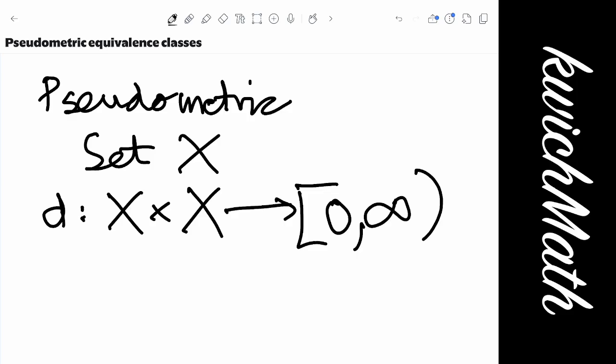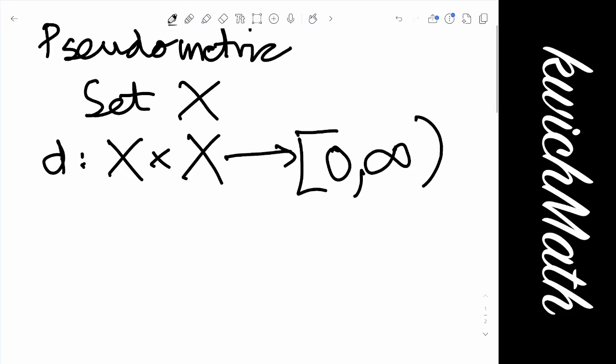So let's write it like that. And that is of course not enough. It has to satisfy three conditions, and those are very similar to metrics.